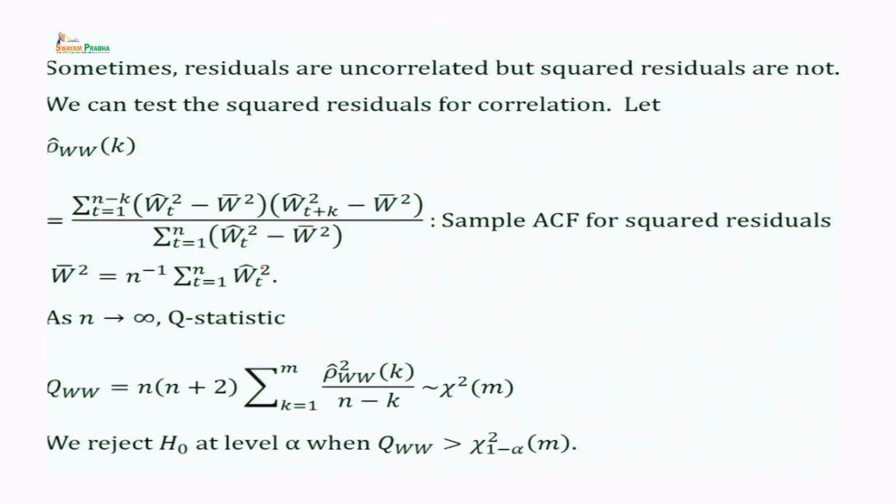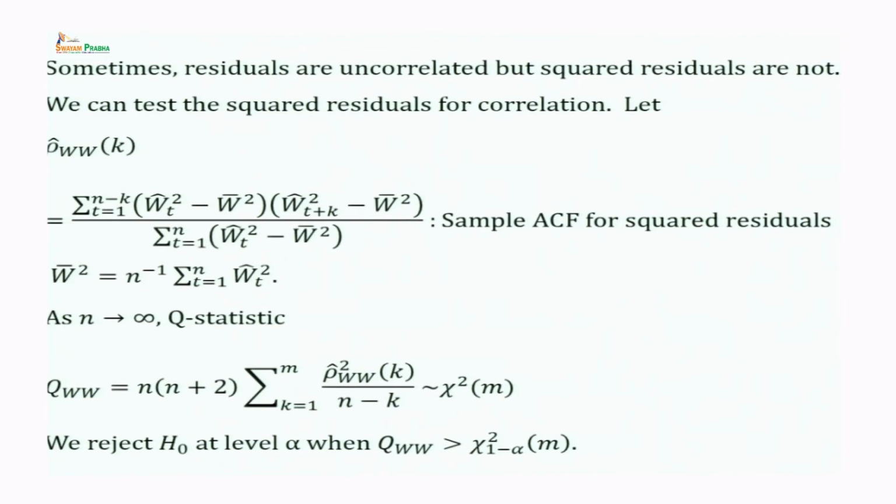So, this w bar square is equal to 1 upon n summation t equal to 1 to n w hat t square. Then as n tends to infinity, the statistic Q w w equal to n(n plus 2) summation k equal to 1 to m rho hat square w w k upon n minus k follows chi-square distribution with m degrees of freedom.